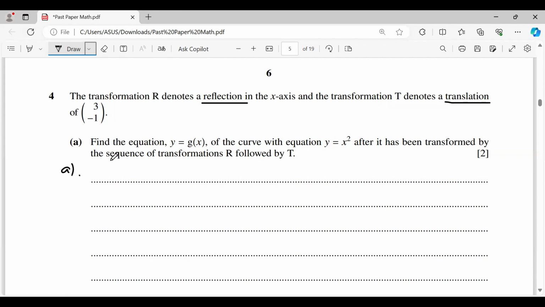So yeah, A. f(x) by R transformation, reflection, being minus f(x). Imagine like this.